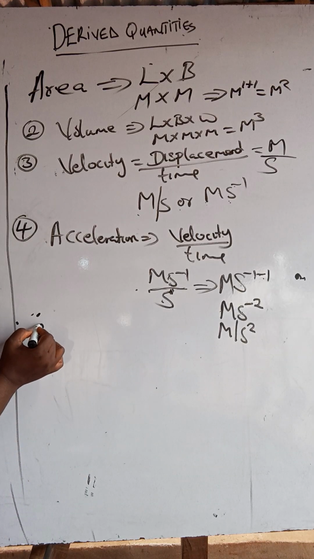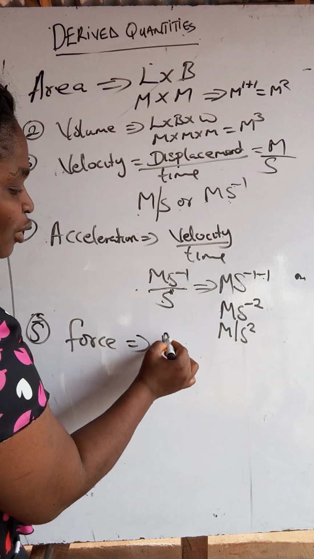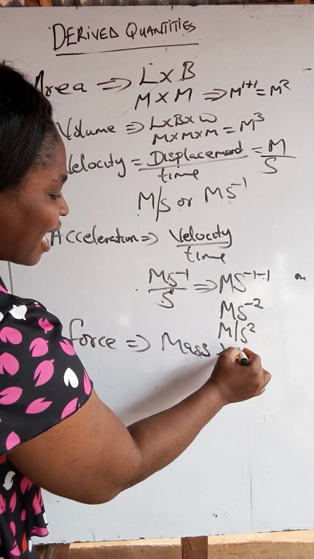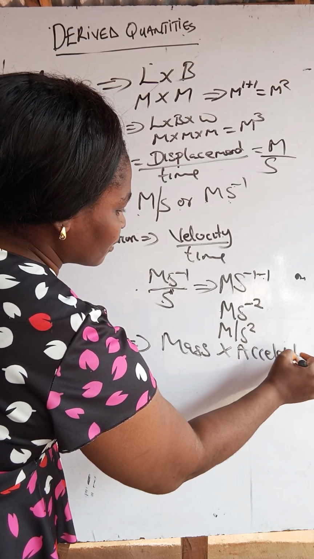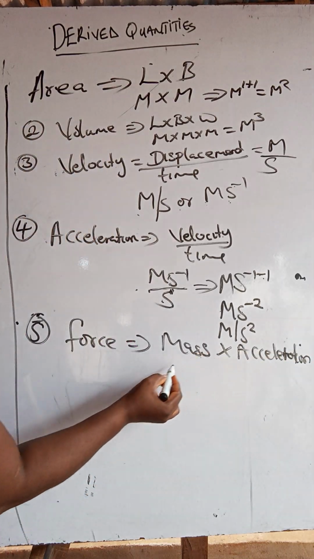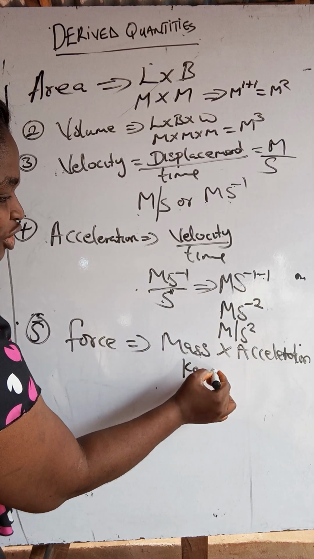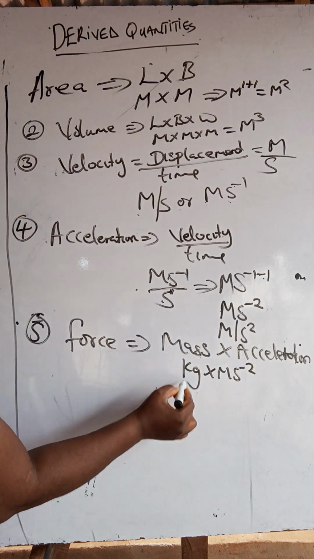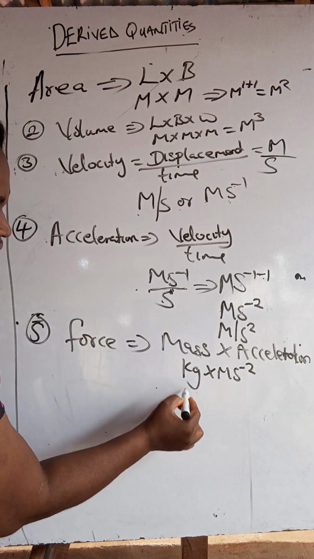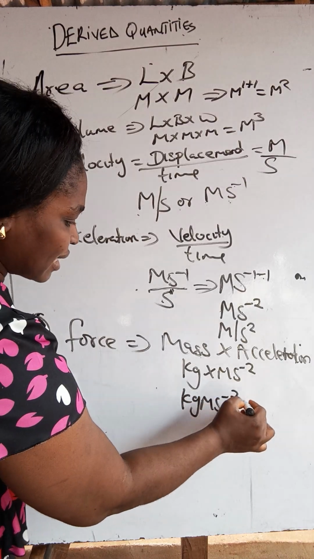So the next one we shall be talking about is force. Force is given as the product of mass and the acceleration. So what is the SI unit of mass? It is kilogram. And that of acceleration is what? Meter per second squared. And that gives us the basic SI unit of force as kilogram meter per second square.